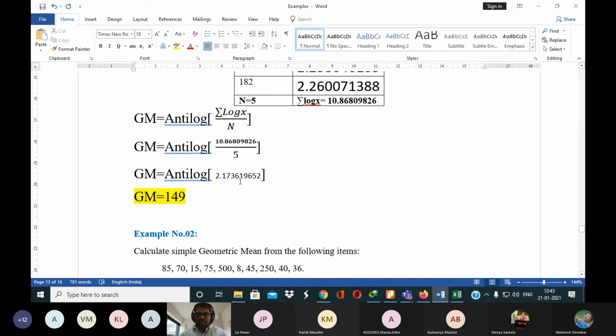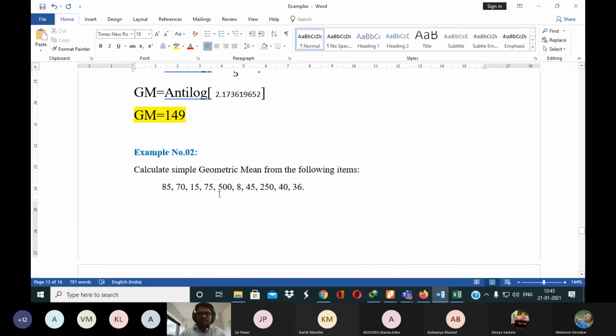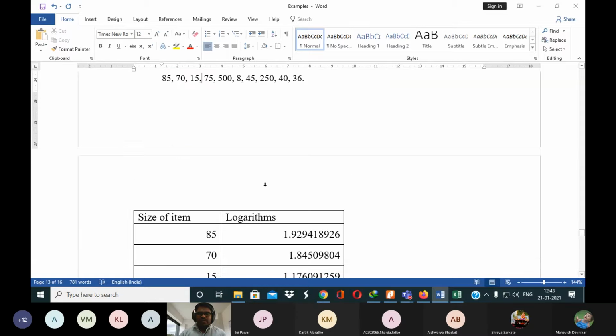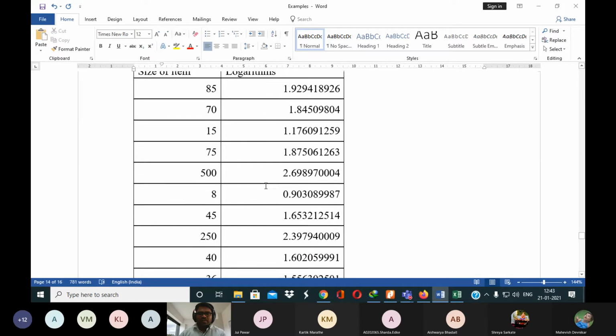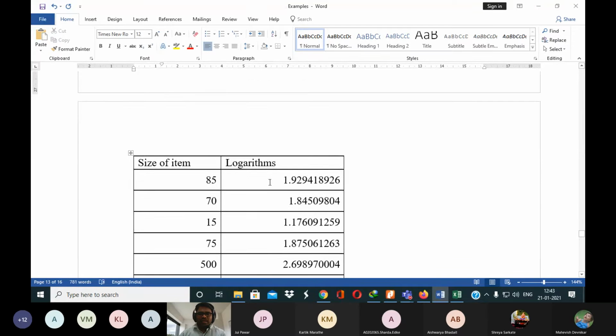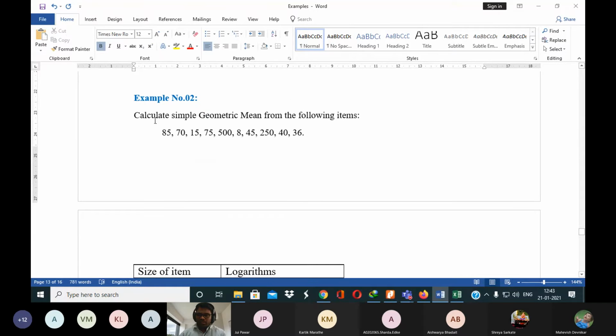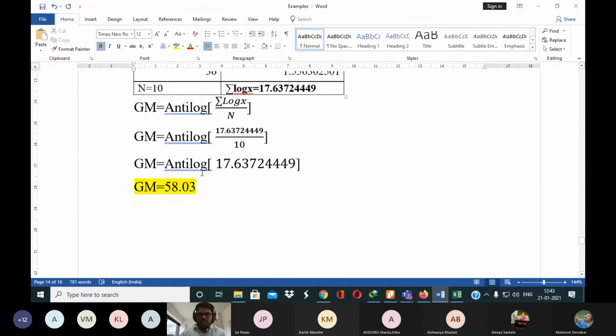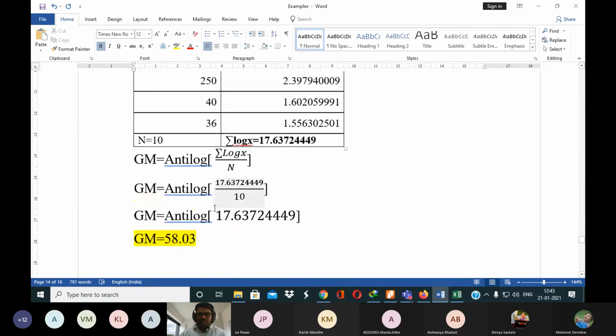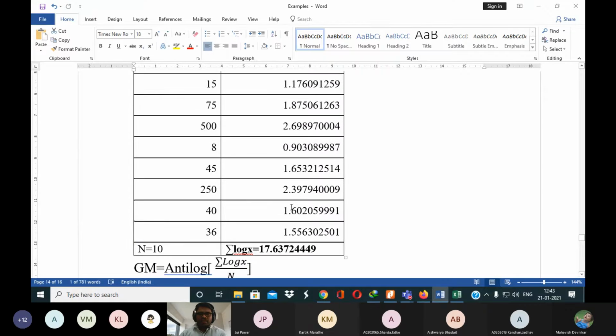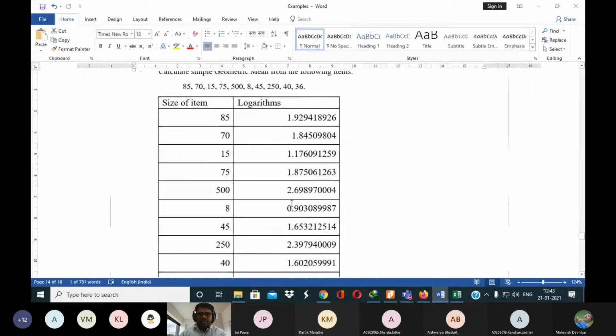So likewise we have to write the answer. In a similar way we calculated the geometric mean for the following items. The same problem we solved in the last lecture, and the answer of that problem was 58.03. I think this was the assignment given to you, so you can cross verify the answer.